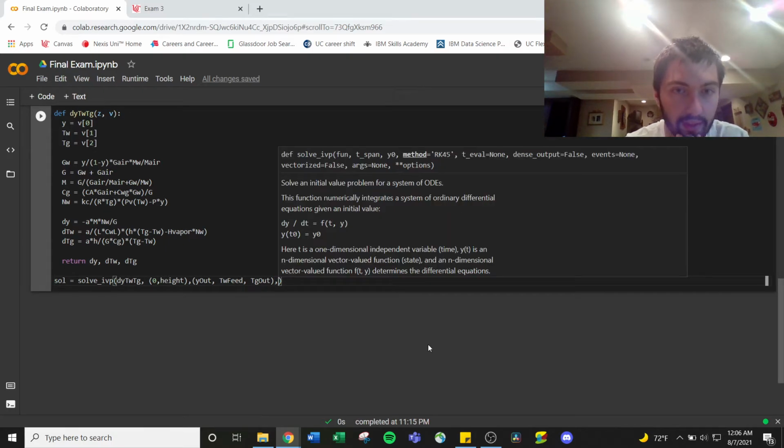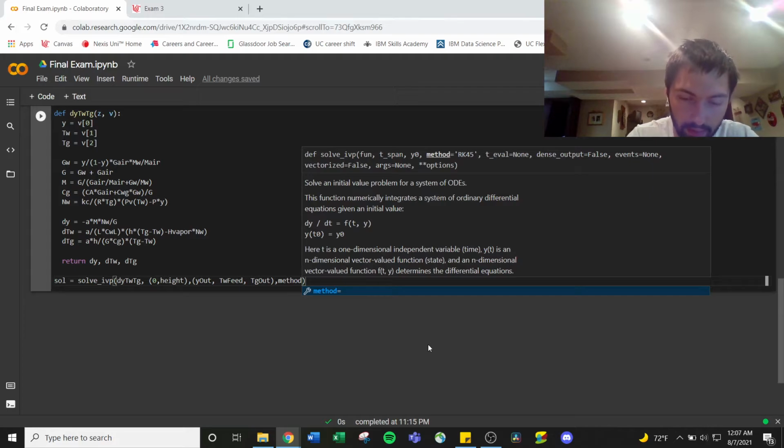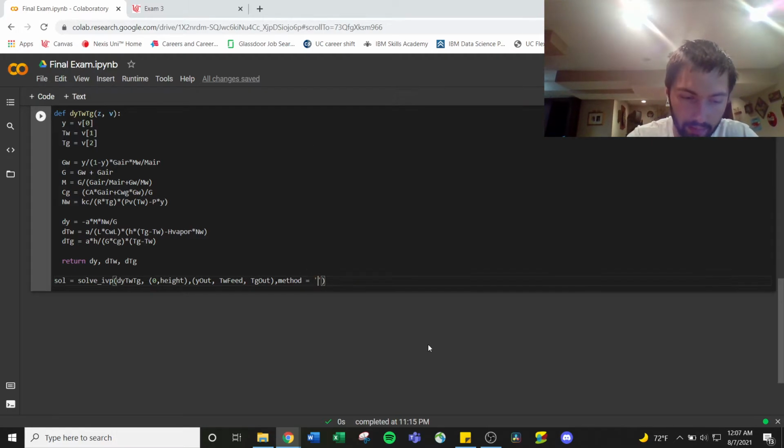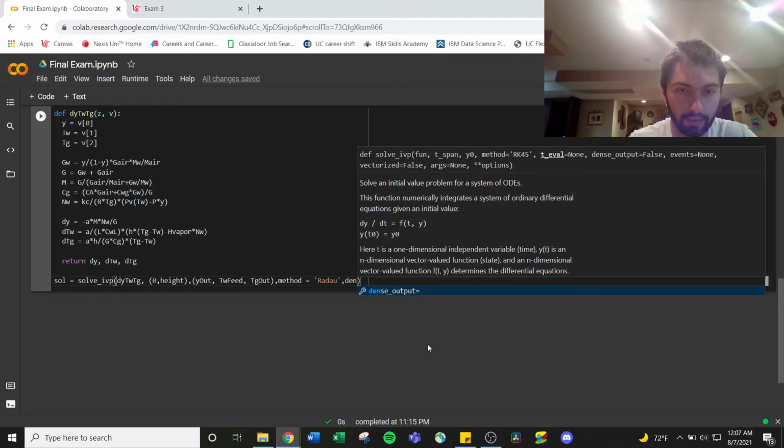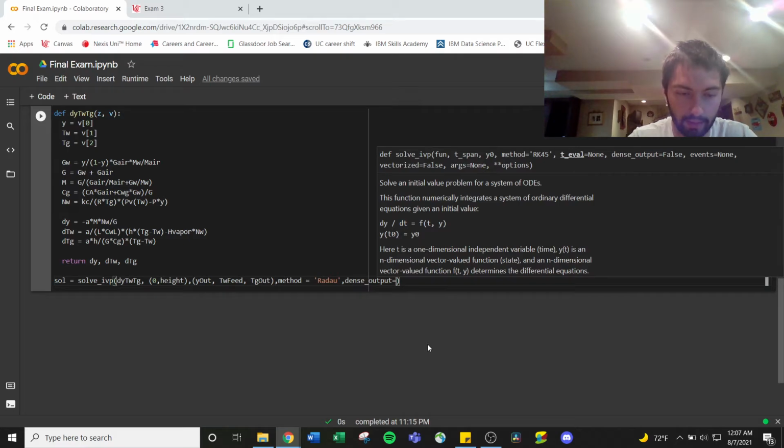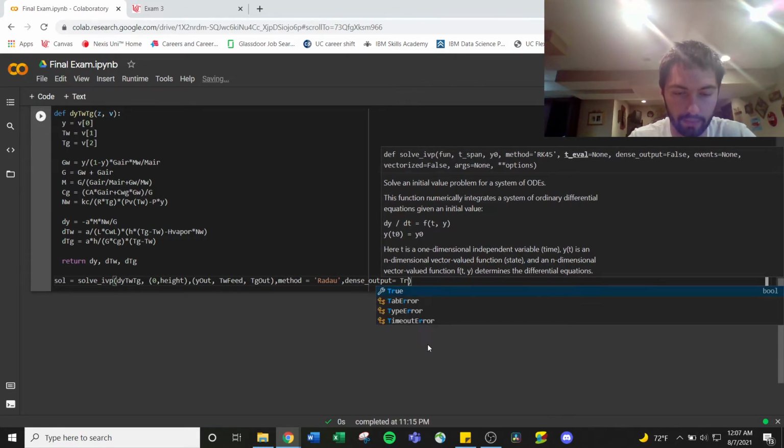Let's see what's next. Method, so we'll do method equal to Radau, the same method we used in our first homework, I believe, or first exam maybe. And then we'll set dense output equal to true.